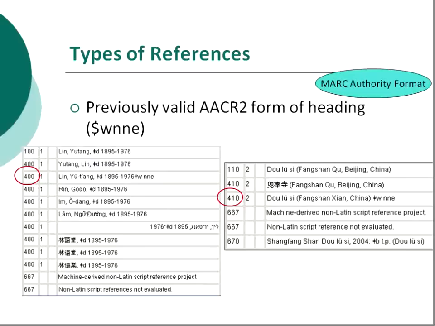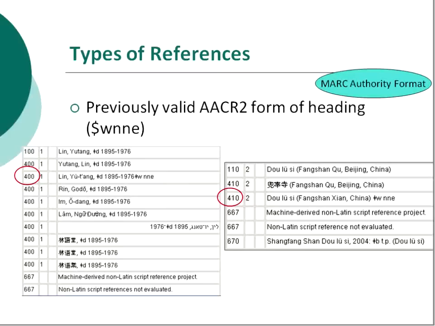Now, look at the screenshot to the left. You notice this is a Chinese heading. Remember what happened to a large number of Chinese name authority records back in 2000? It was the Pinyin conversion project.